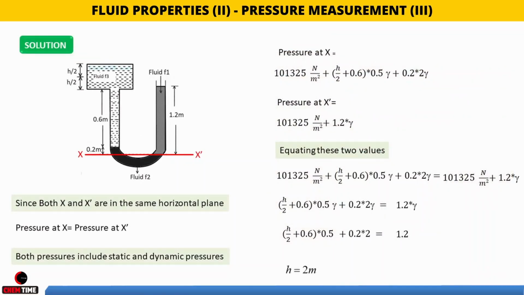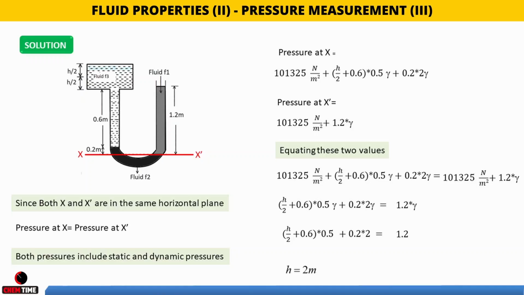The reference point is taken as x dash, and the pressure at x becomes equal to the pressure at x dash. Zero gauge pressure can be converted into absolute pressure by adding atmospheric pressure to the gauge pressure. The atmospheric pressure is 101,325 newtons per meter square.